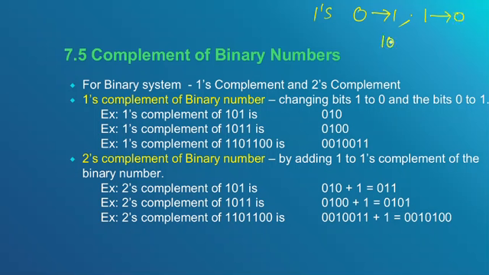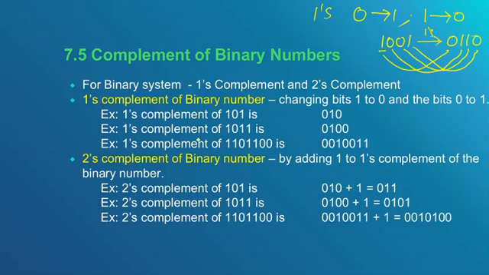Simple. If you have 1001, then its ones complement is 0110. Each bit is converted: the first 1 is converted into 0, the second 0 is converted into 1, the third 0 is converted into 1, and finally the last 1 is converted into 0. So we just convert zeros into 1 and ones into 0, and that is called ones complement.